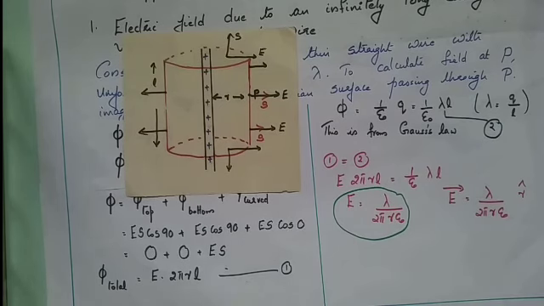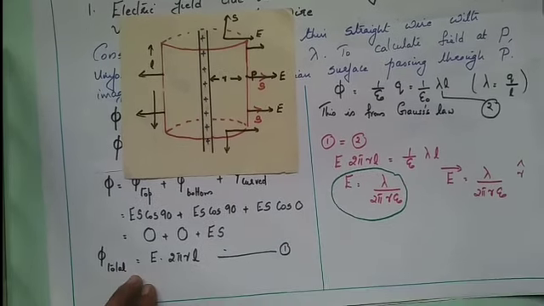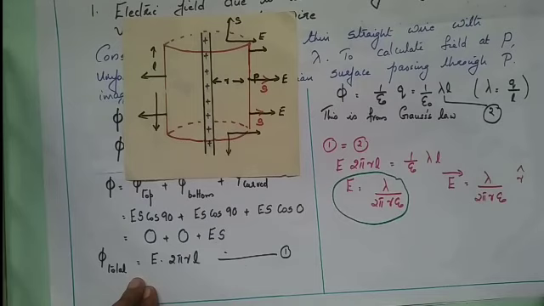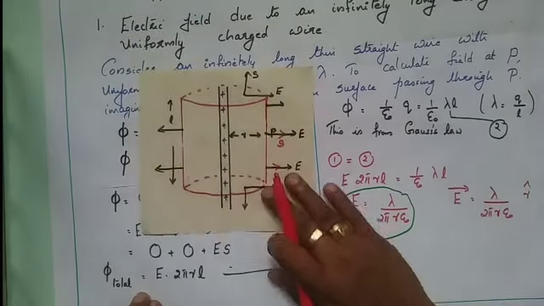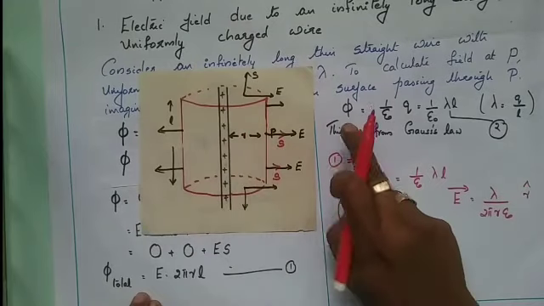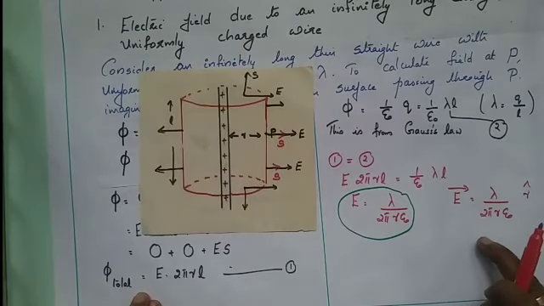Clear? Now, what is the graphical representation of electric field and r? From the formula itself, electric field and r are inversely proportional. As r increases, what happens to the electric field? Yes, it decreases.